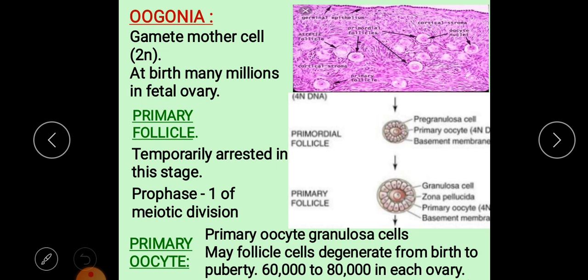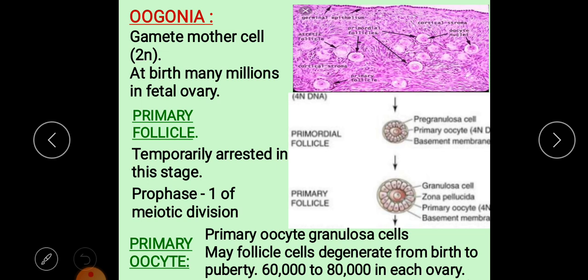After some period, some of the primary follicles undergo atresia, which is cell death. Atresia is nothing but the shrinking of the follicle cells.